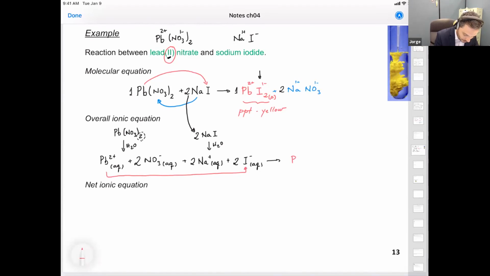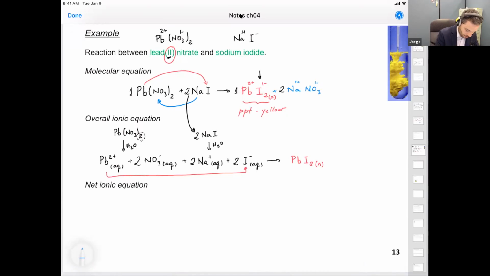Therefore, in solution, they are not split. They are found as one unit. And the identity of this salt is lead 2 iodide.